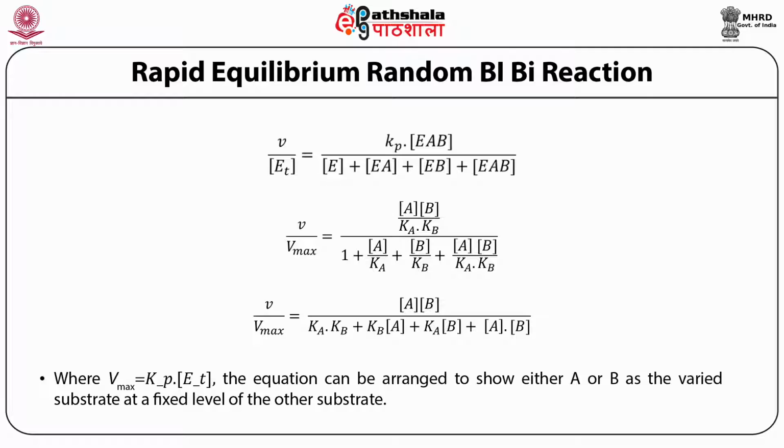Therefore, sometimes Ka and Kb are written as alpha Ka and alpha Kb to differentiate the Ka and Kb values when it is the second substrate that binds. But in this equation, I'm taking both conditions as the same, so I'm not using alpha Ka and alpha Kb.